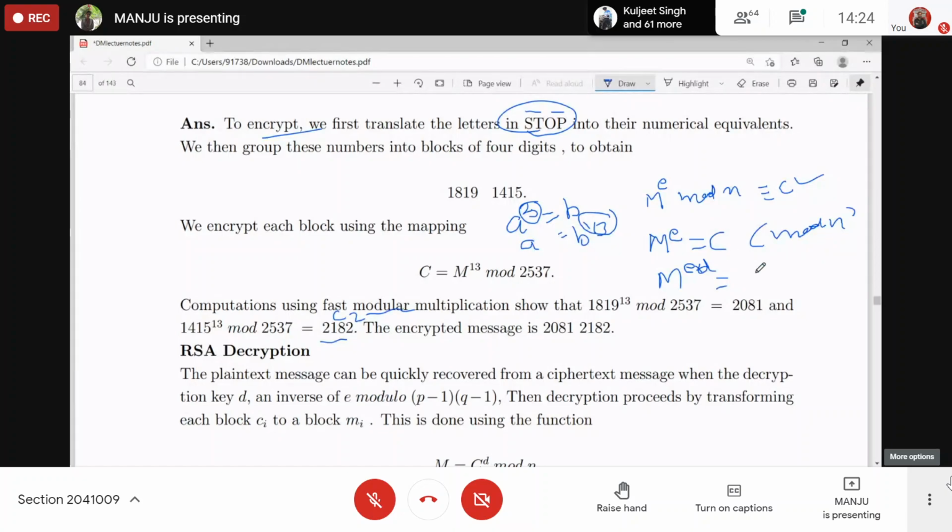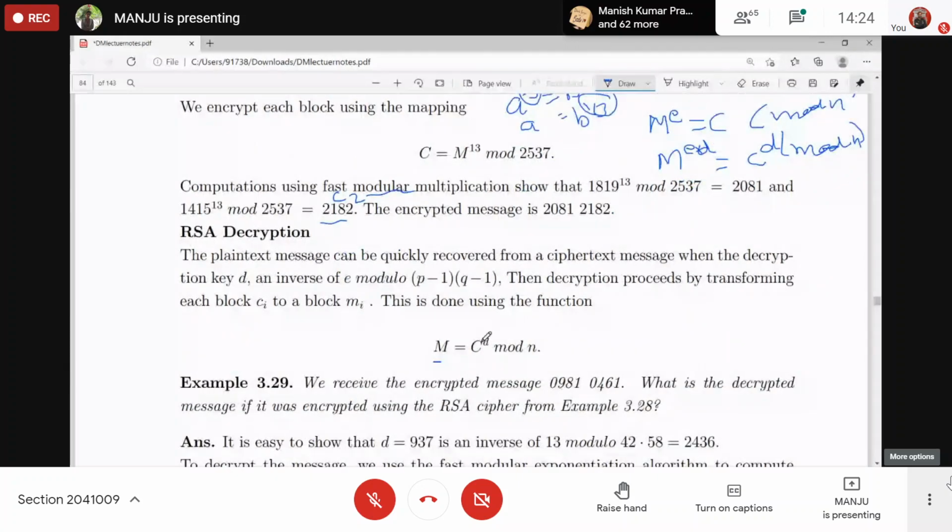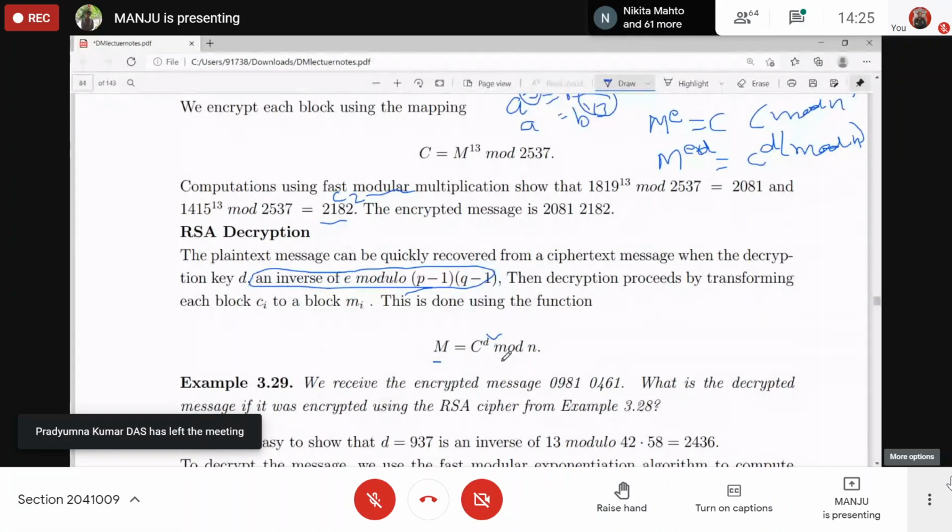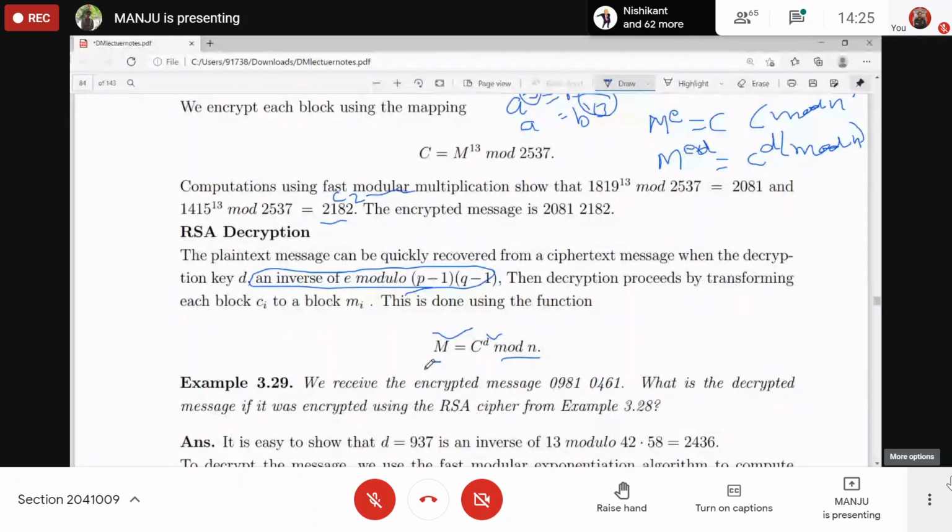So C raised to power d mod n, where d is the inverse of e in modulo (p minus 1) into (q minus 1). Why is it so? I'll explain it. Then you apply modulo n, C raised to the power of the inverse of e, and you will get the M. Then you can easily translate into alphabets. Is that clear?